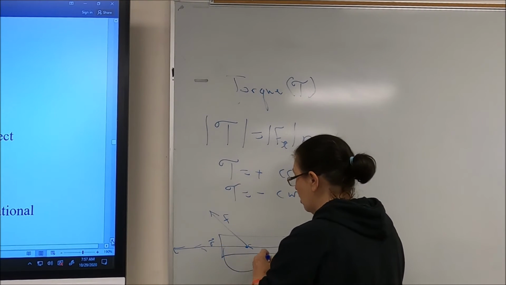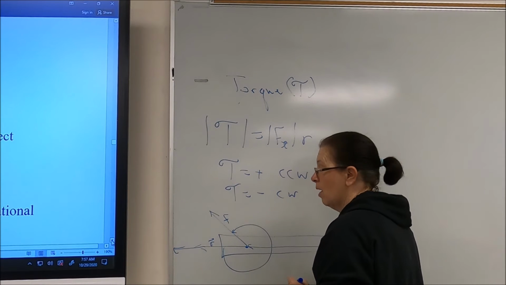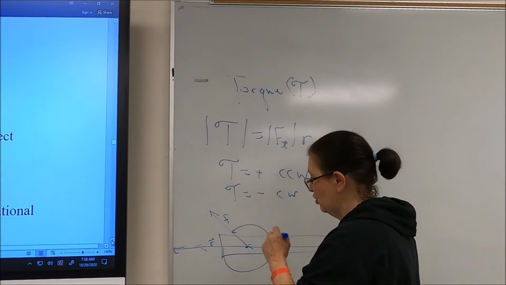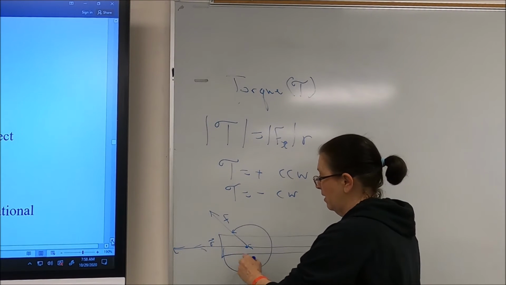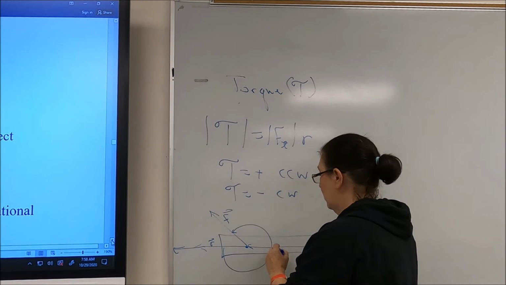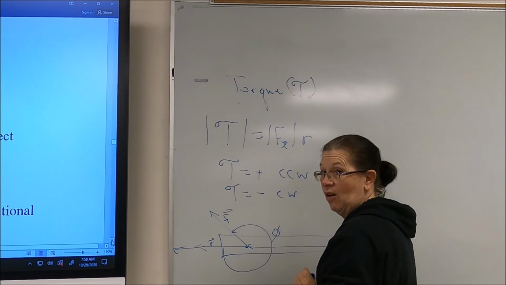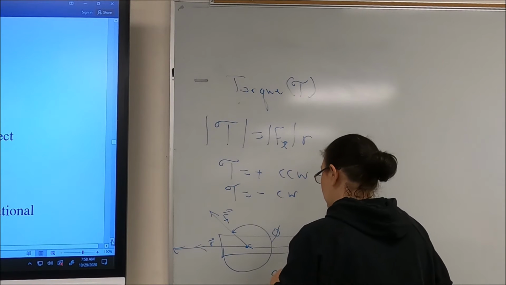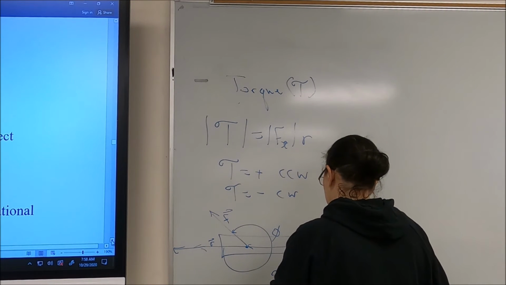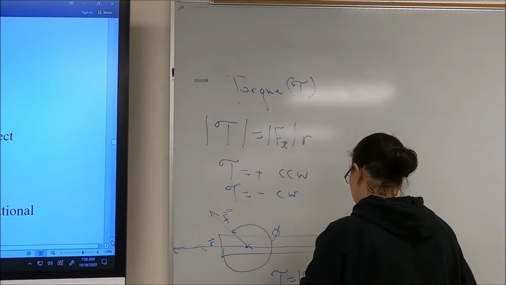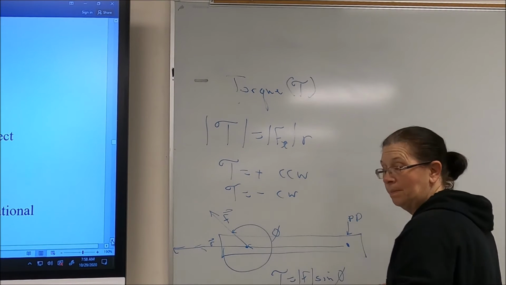If you go counterclockwise from R, the extension of the radial line, back to the force, and we call this the angle phi, then torque is equal to the magnitude of the force times the sine of phi.